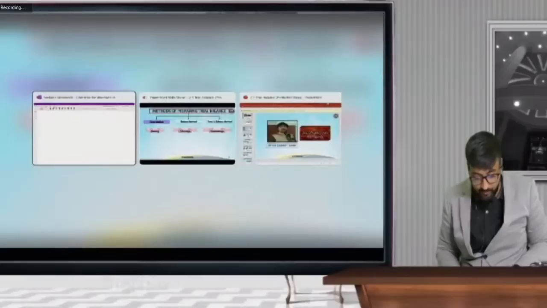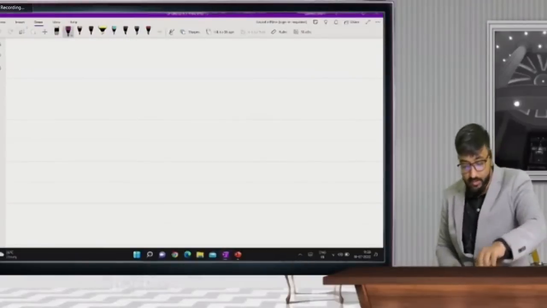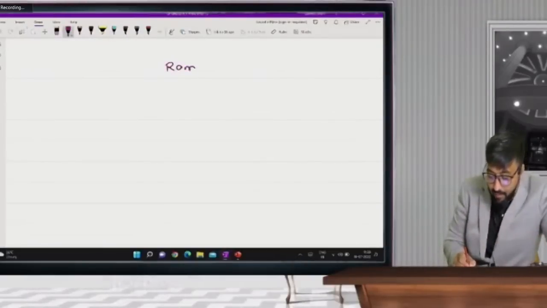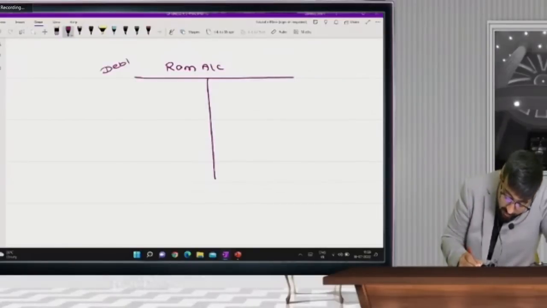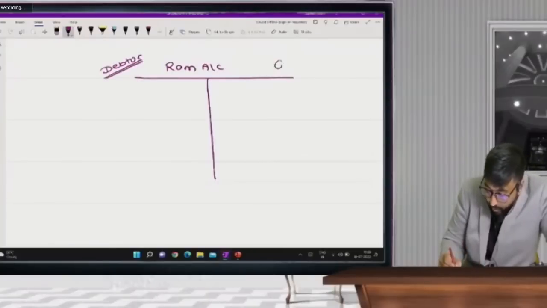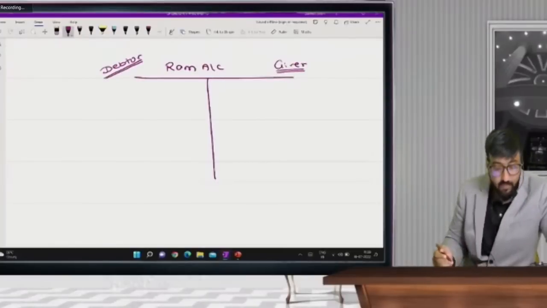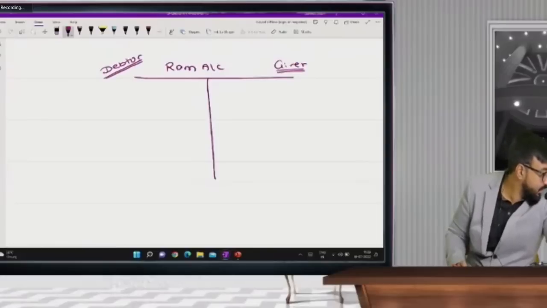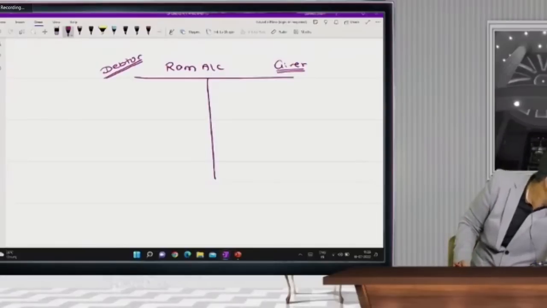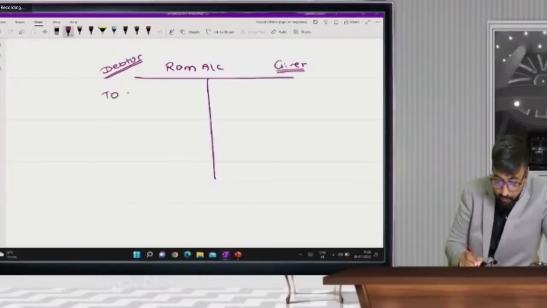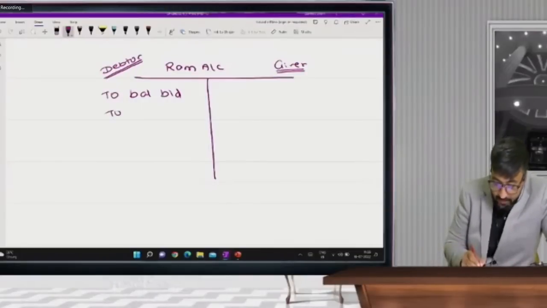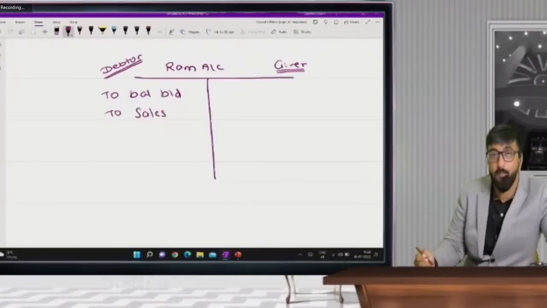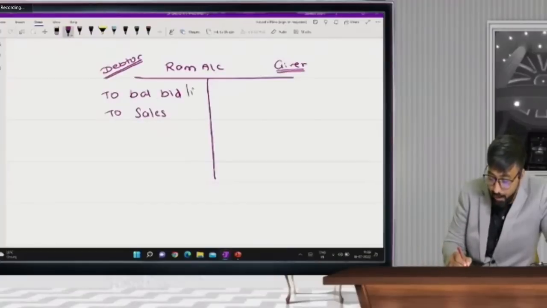Now what is total method? Suppose if I prepare Ram account, assume Ram is my debtor and afterwards he becomes giver. Debtor, giver. To balance brought down, to sales. Okay, assume to balance brought down 1000, to sales 5000.